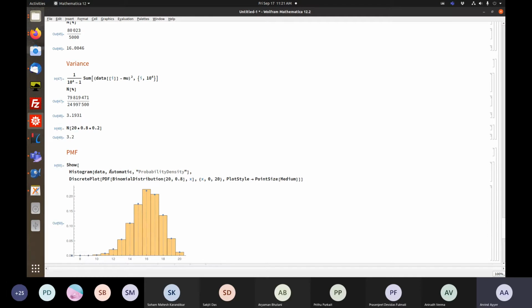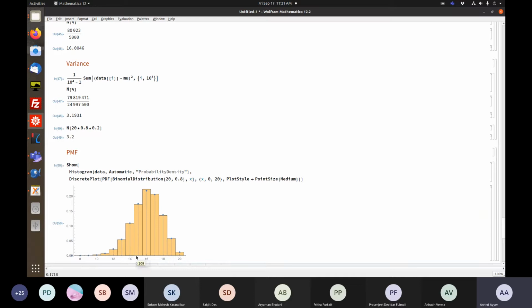Mathematica has this functionality where it scales the height of the histogram so that the area under this histogram is 1. So it takes width 1, you see.